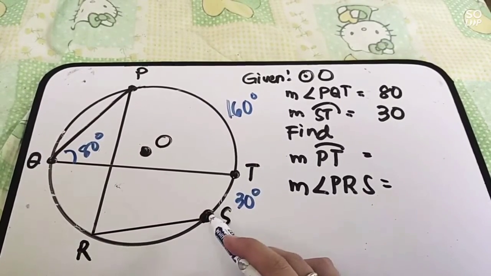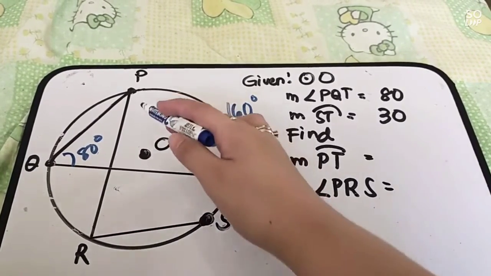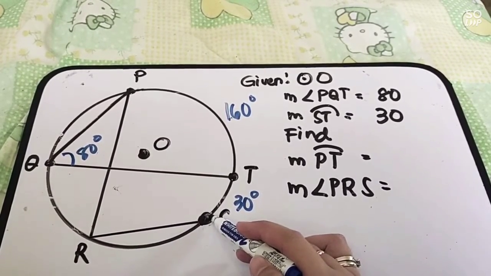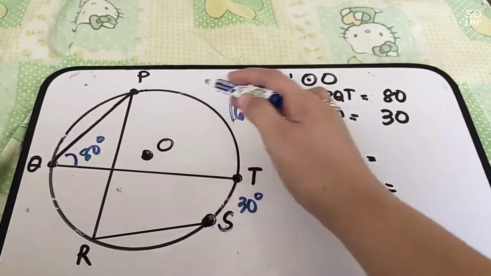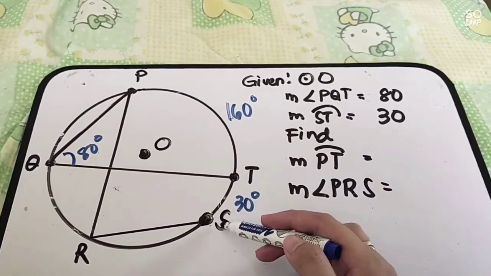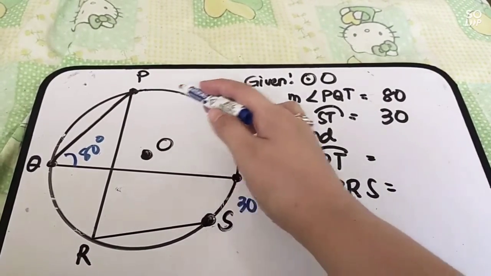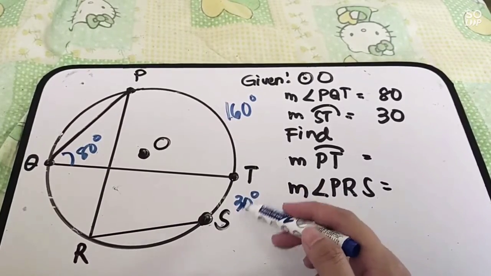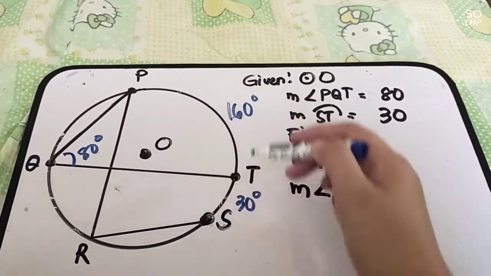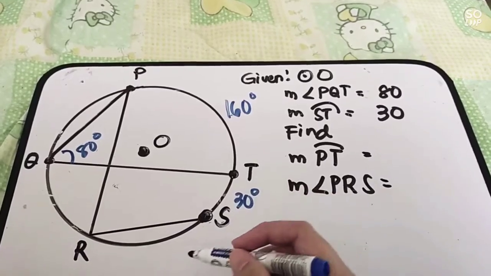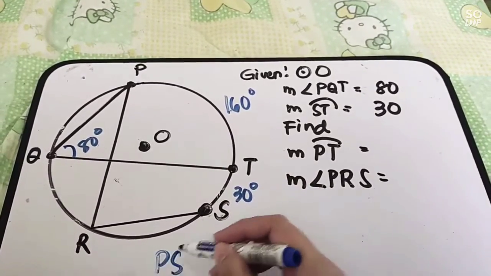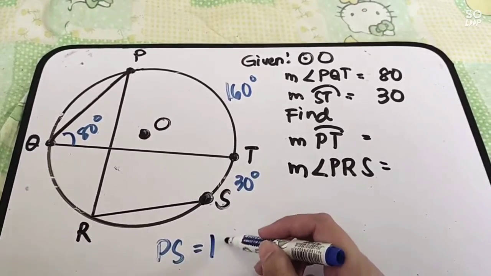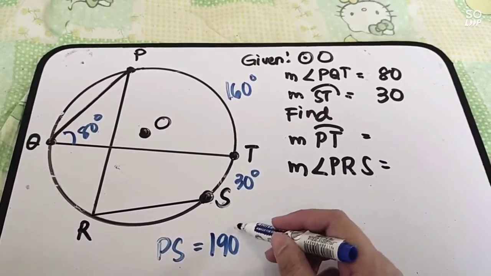As you can see, guys, si PRS ay inscribed angle, then ang kanyang intercepted arc, etong buo na to na si PS. So, si PT raw ay 160, then si TS ay 30, therefore, ilan ngayon si PS? So, si PS ay magiging 160 plus 30. The answer is 190 degrees.